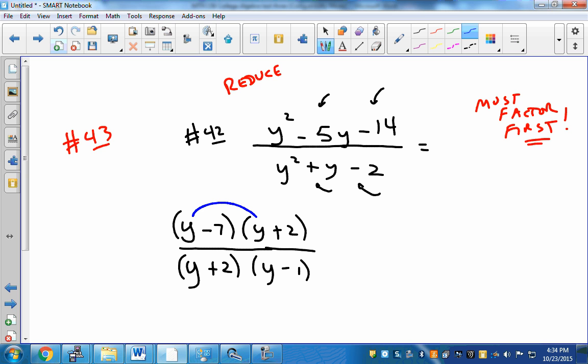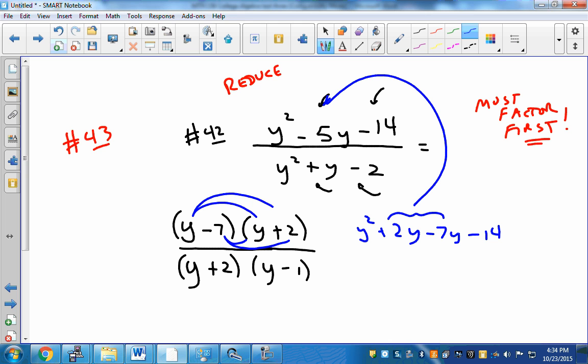Notice that if I FOIL this out, that's a y squared, there's a 2y, there's a minus 7y, and then there's a minus 14, and sure enough, these add up to what we need. So the top is okay, and then just checking the bottom to make sure that we didn't goof up here.